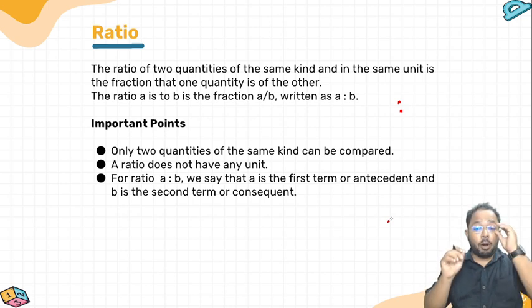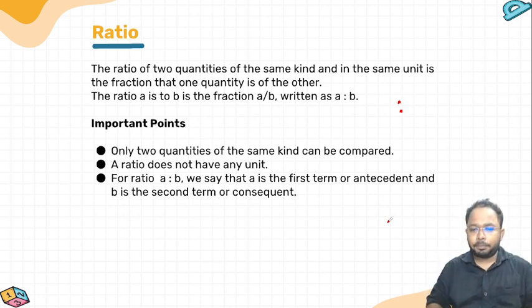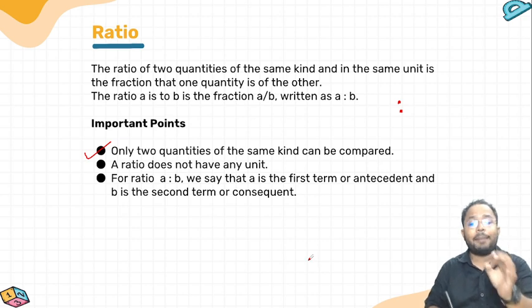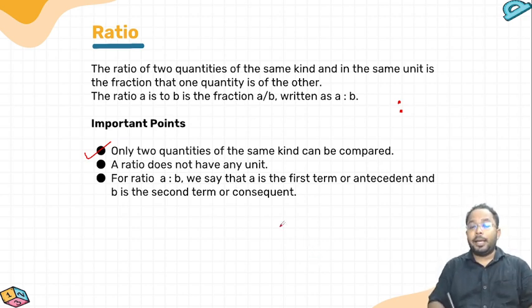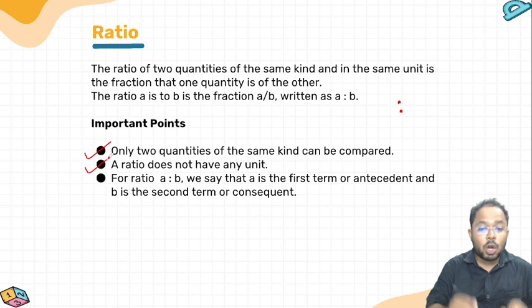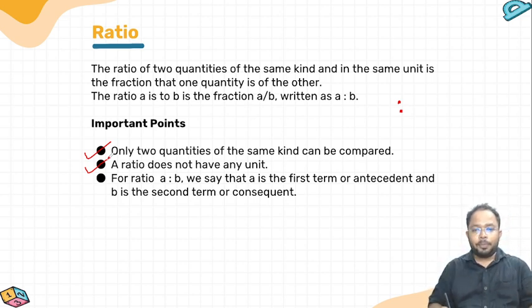So it should be of the same kind. An important point to note is that only two quantities of the same kind can be compared. The ratio does not have any unit, as they are of the same kind. We only compare them.